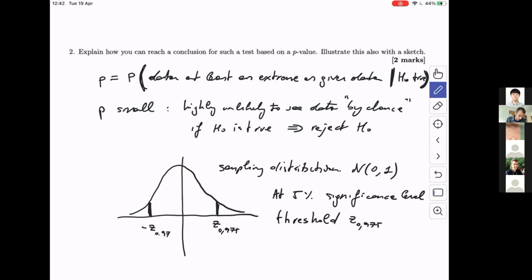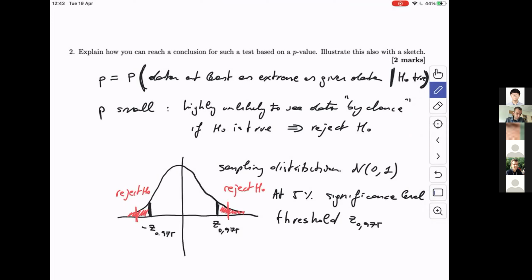And if our test statistic is beyond that, so if our test statistic is here or here, then we reject the null hypothesis. This is the area where we reject H naught, and likewise here we reject H naught, when our test statistic is beyond these values.